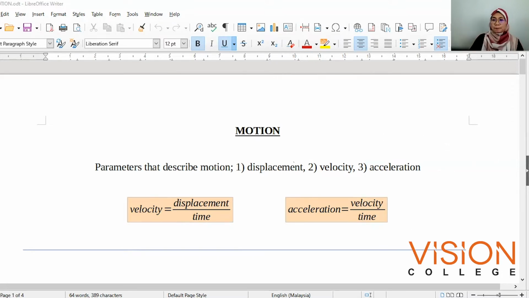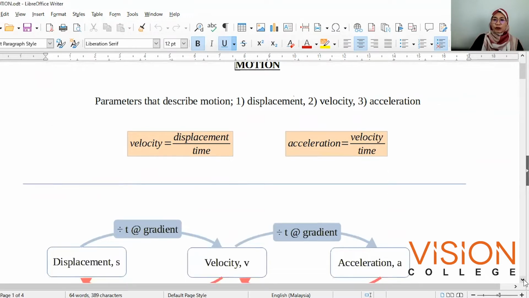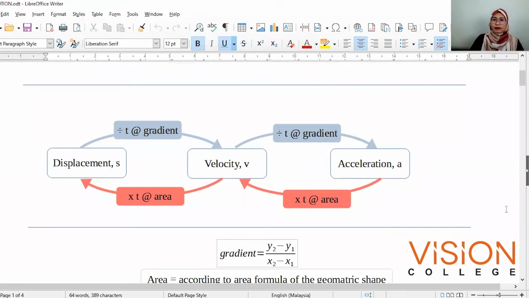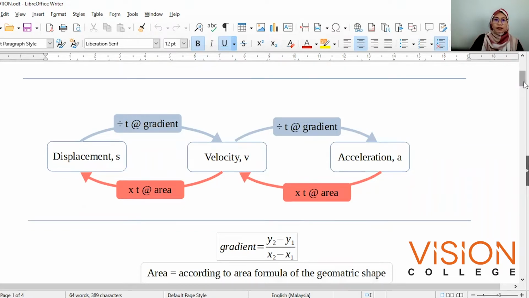Okay, so now I'll show you the relationship between the three parameters. The first one is displacement, which is symbolized as the small letter s, while velocity is v and acceleration is a.